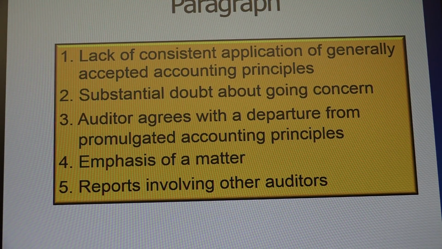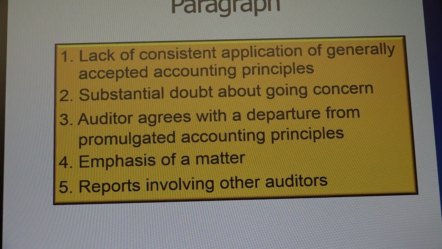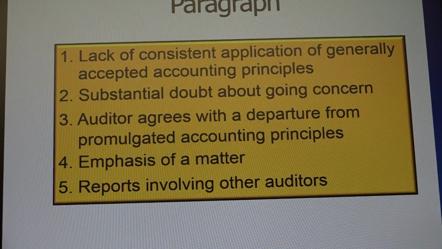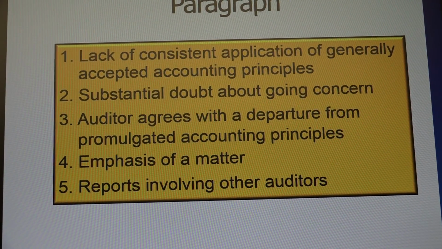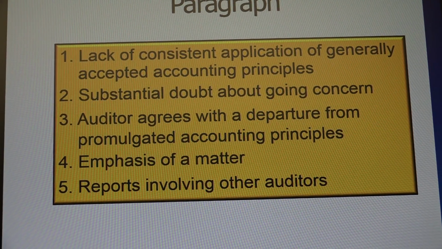reports involving other auditors. For big companies that have, let's say, multinational operations, you might have more than one auditor doing an audit. For instance, you might have a separate auditor auditing a subsidiary of a multinational company.